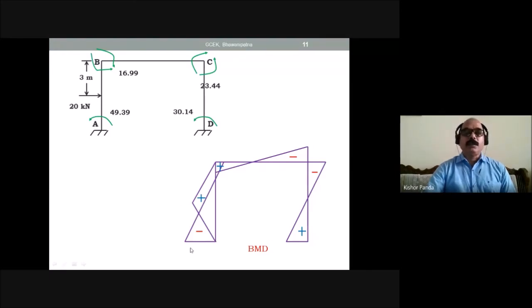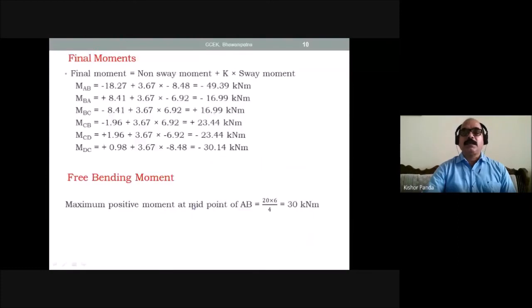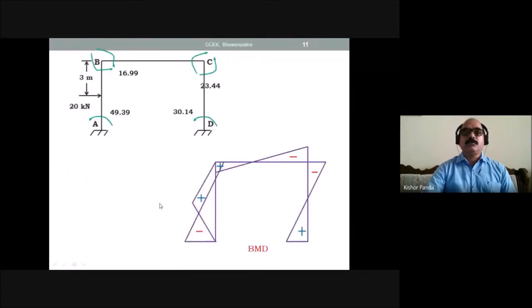Here you have to write 49.39, here 16.99, here 23.44, and here you have to write the moment you got, 30 kilonewton meter. Here this is 30 kilonewton meter. Then you have to find the maximum positive moment here. You have to find this value, draw this line, and find this one.